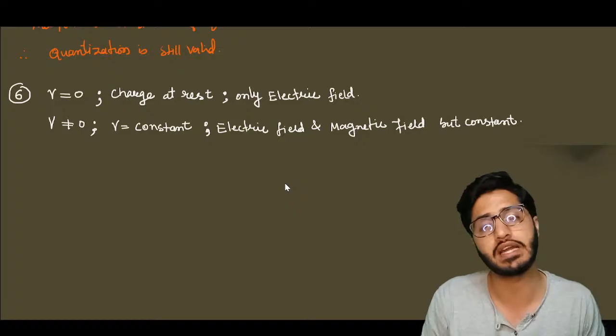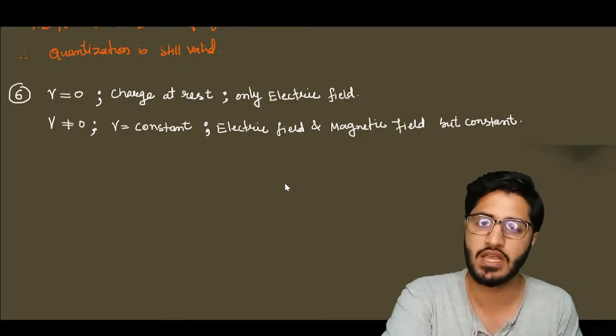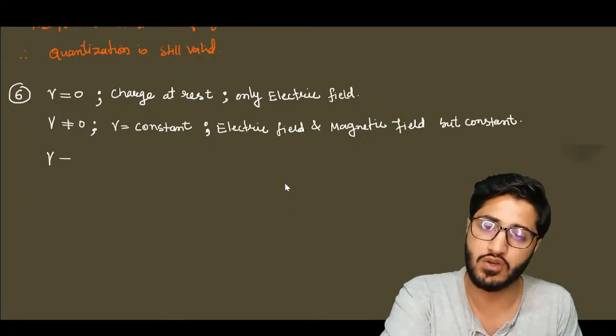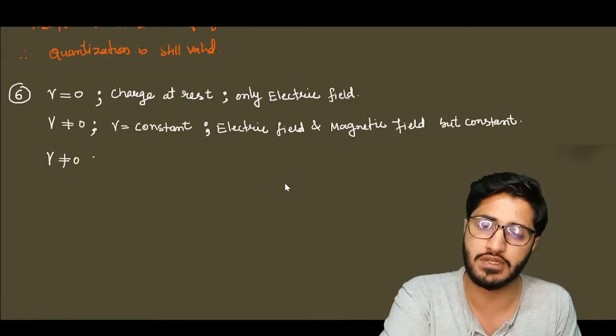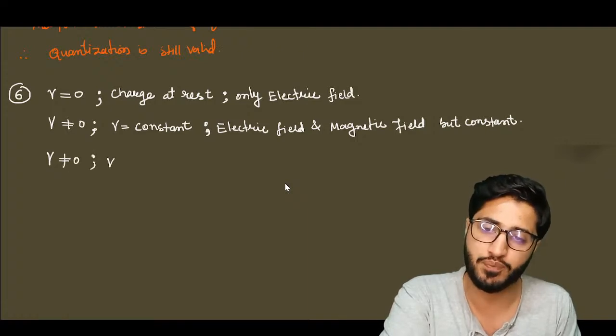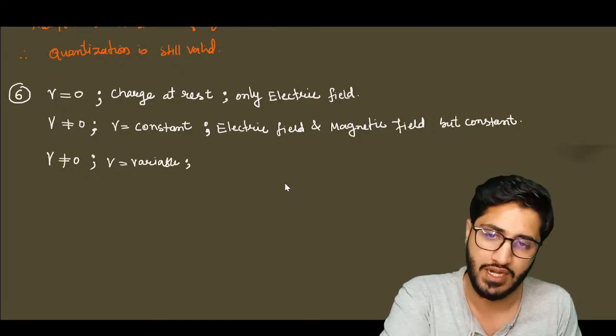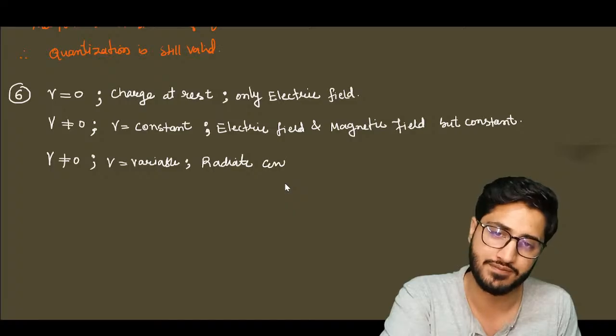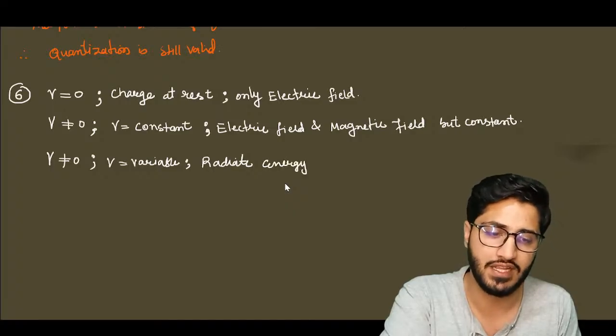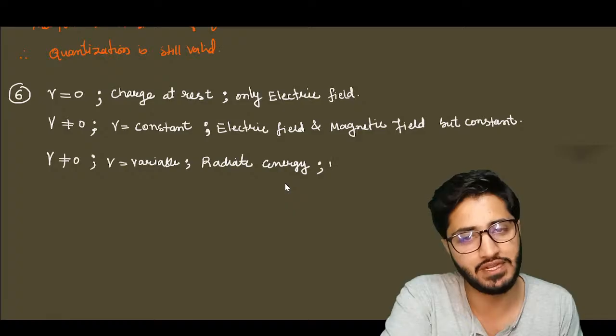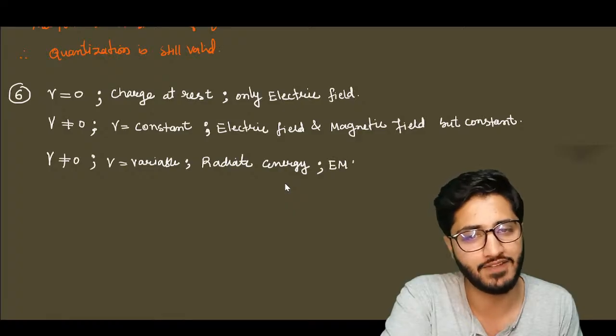Third point: if my speed is not equal to 0, the body is in motion and the speed is also variable. Then it will radiate energy, that is, electromagnetic waves.